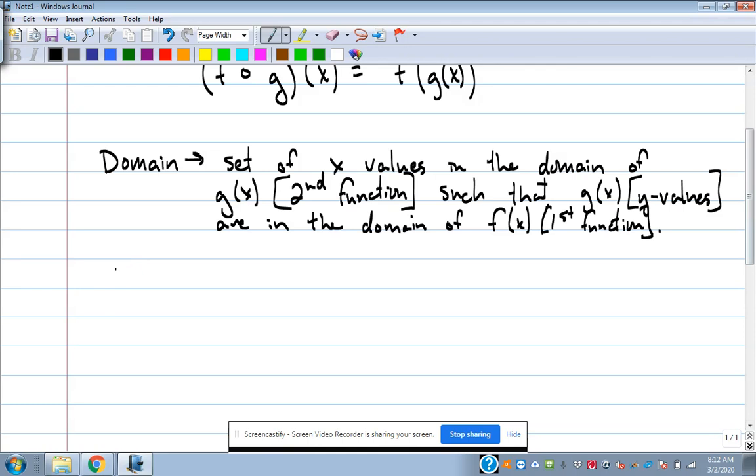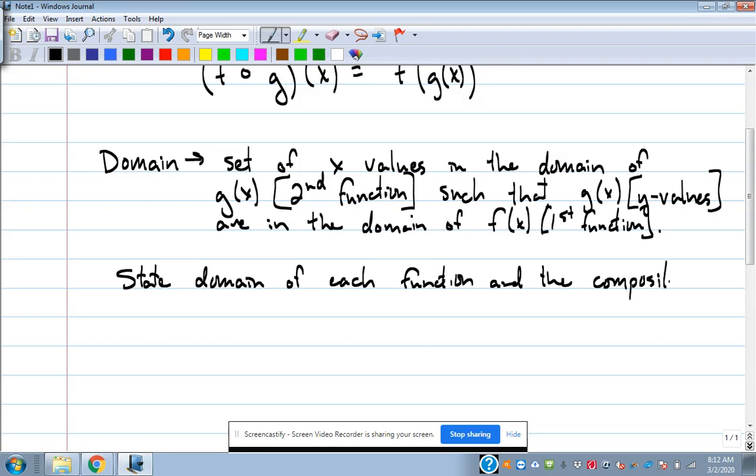So let's state the domain of each function and the composite function. Then find the composite function.